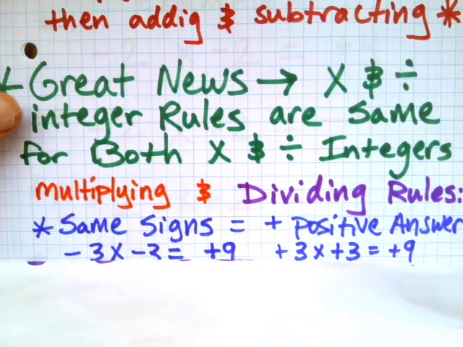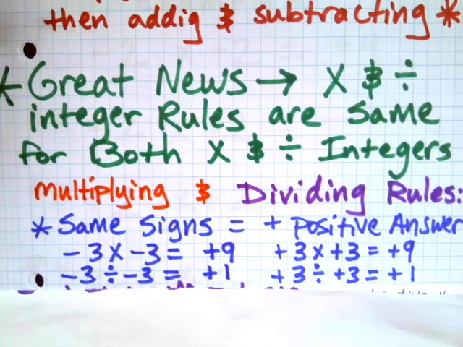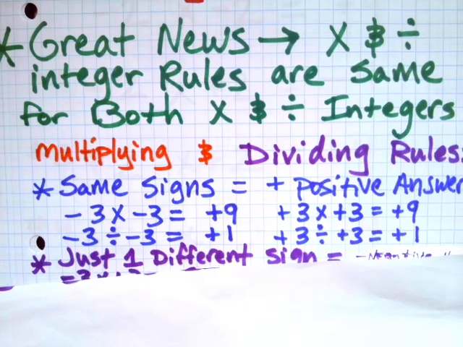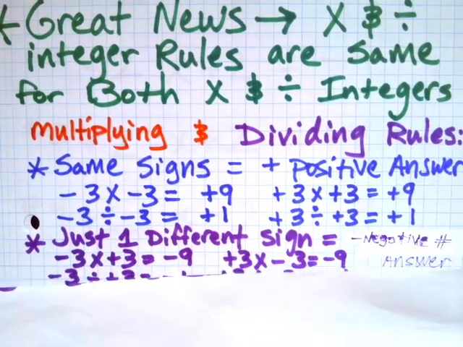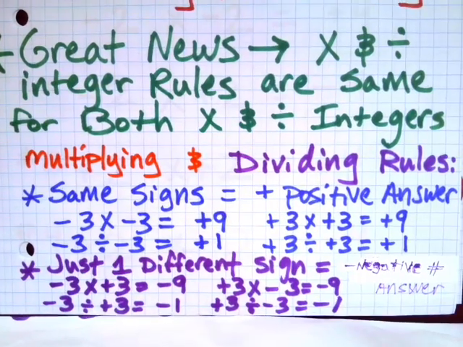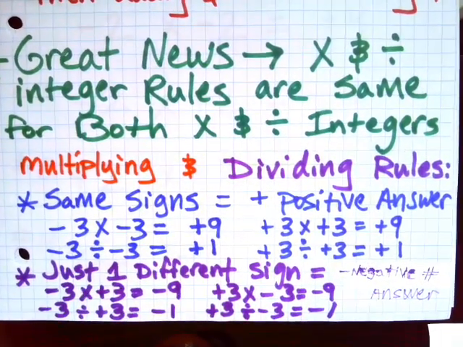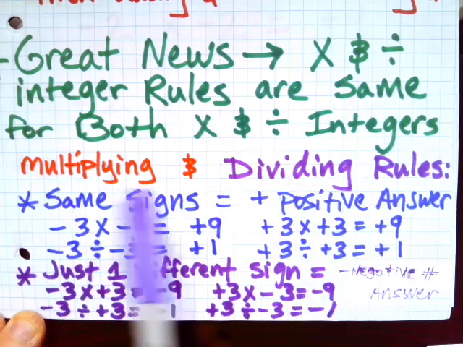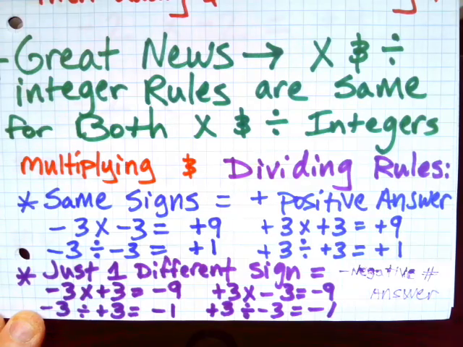So what are those rules? On the next couple pages, I have an easier way of remembering, but I wanted to give you a visual of these particular rules. Great news: multiplying and dividing rules for both are the same.